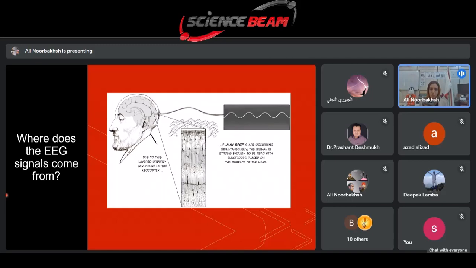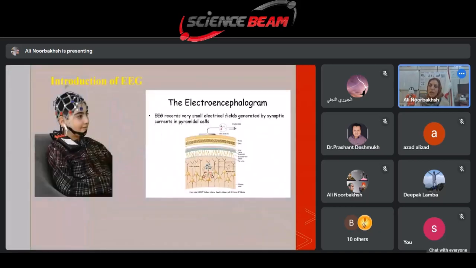These waves are measured in a cycle of speed per second known as hertz. As you know, EEG cannot be seen with the eyes, and for this purpose, an amplifier is needed that can magnify the signal many times.